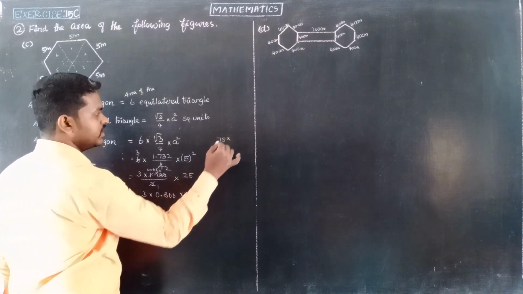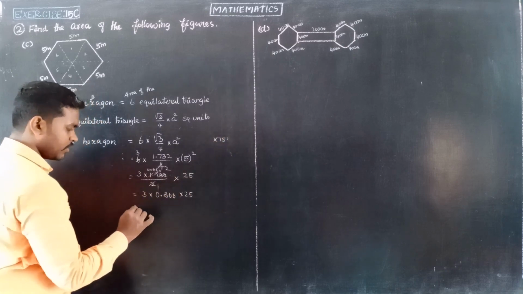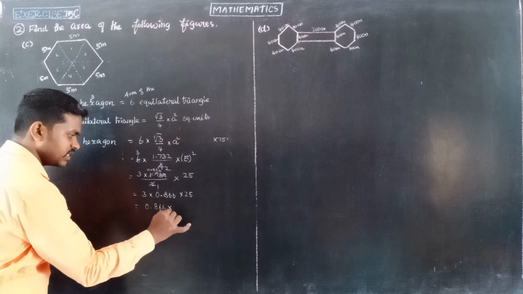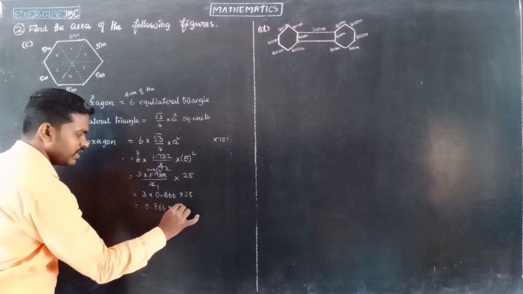So 75 into 0.866. So 0.866 is multiplied with 75.